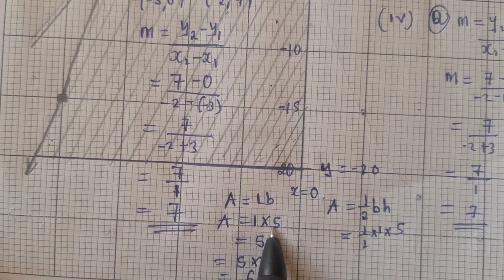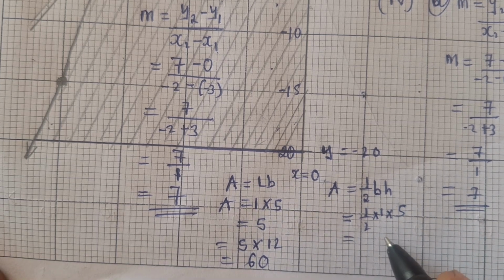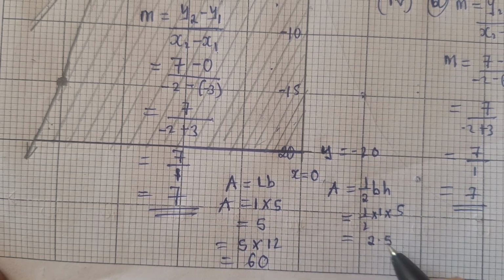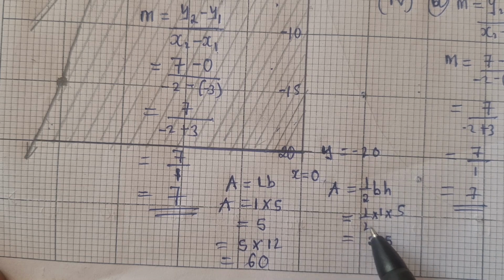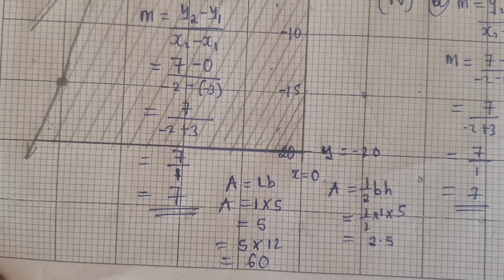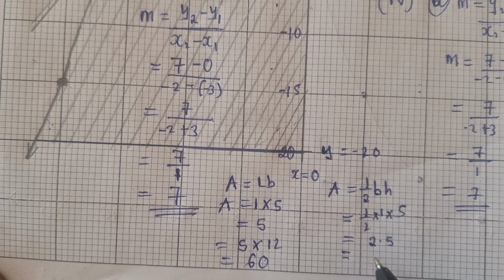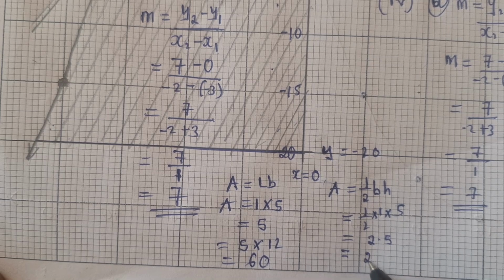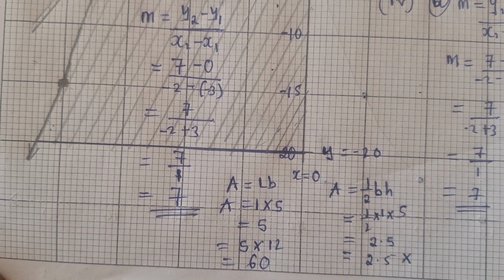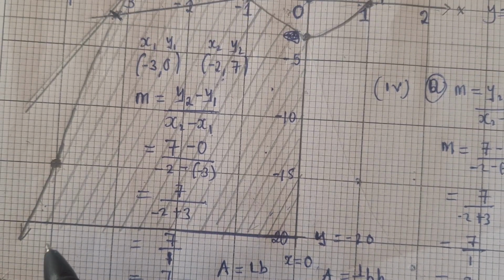Just use this, okay? And then when we work out, this is giving us, is it 2.5? 2.5, right? 1 times 1 times 5, it's 5. Divided by 2, it's what? It's 2.5, right? So this is how it's supposed to be. So we know that the area of a triangle is 2.5. So we're going to say 2.5 times the total of those boxes which are cut.